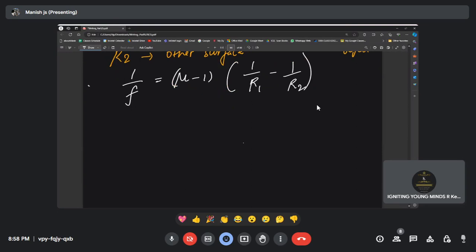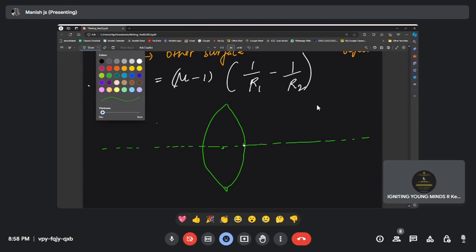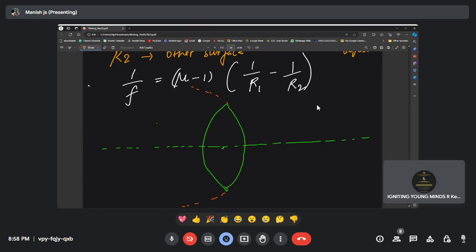Now, when you draw the lens, we have two different types of lens, convex lens and concave lens. A convex lens we draw like this. This center is called your optic center, and then you draw the principal axis. Here there are two spherical surfaces. One surface is this, which is R1.